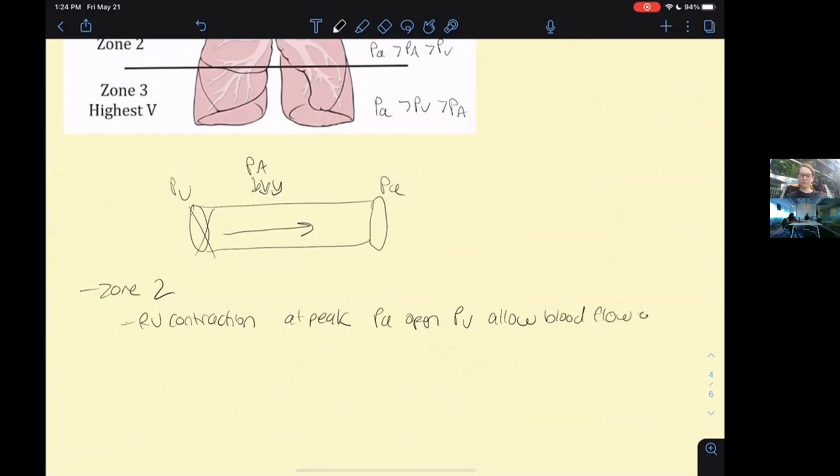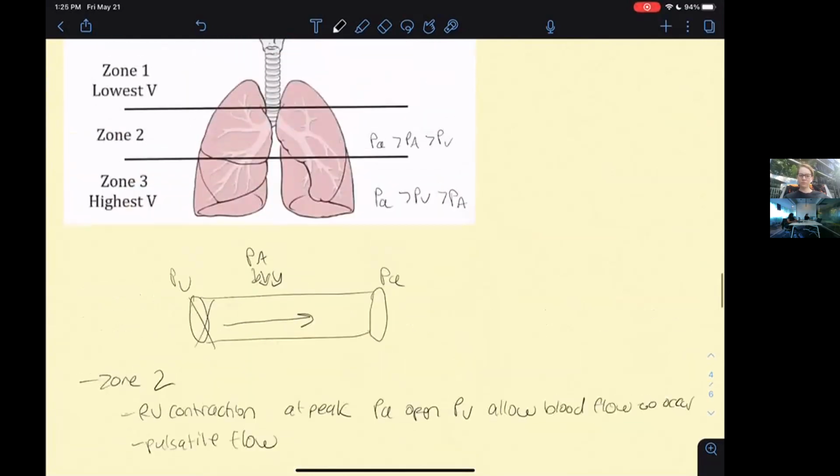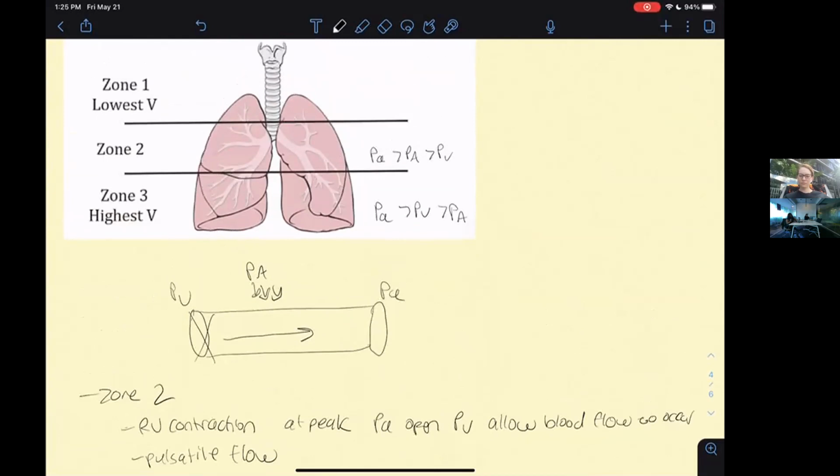So it can create this thing called pulsatile flow, where depending on when your right ventricle contracts is what determines when the capillary flows the blood and allows gas exchange to occur. So it's something to think about when you're looking at why PA is greater than PV, just thinking about physiologically why that is happening, and it makes sense why these things are, instead of just being like, oh, memorize each thing.